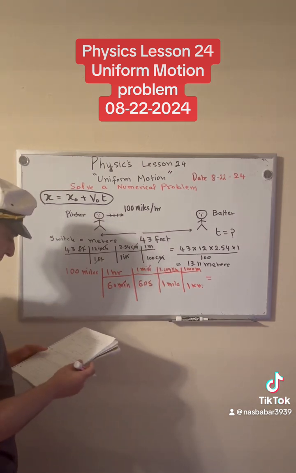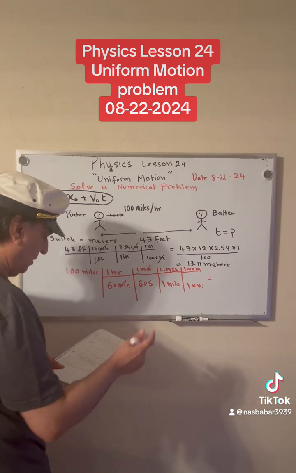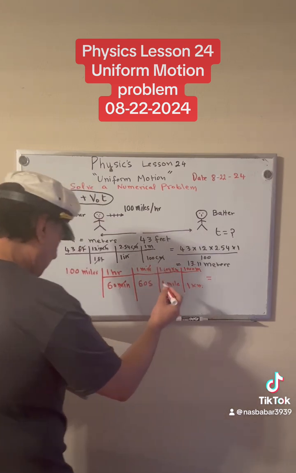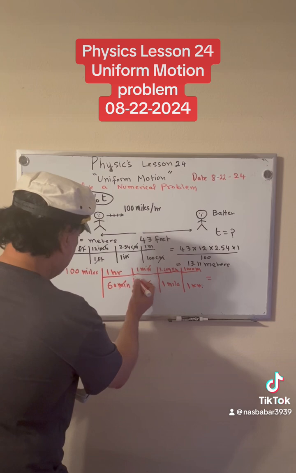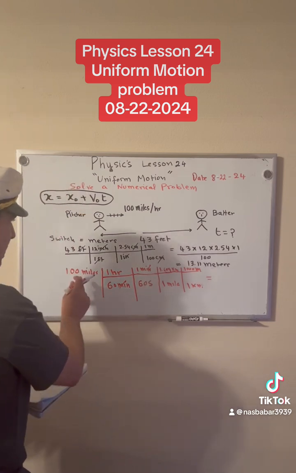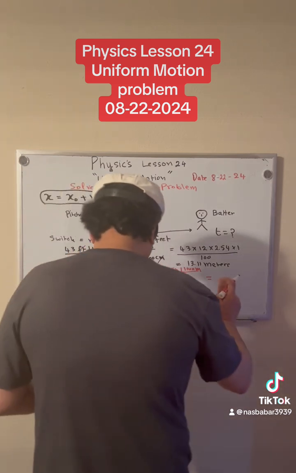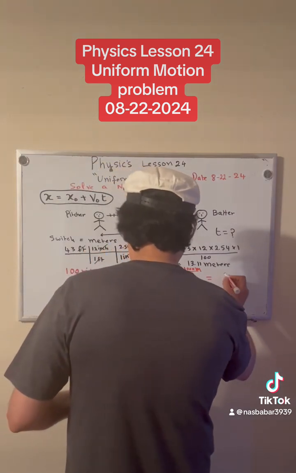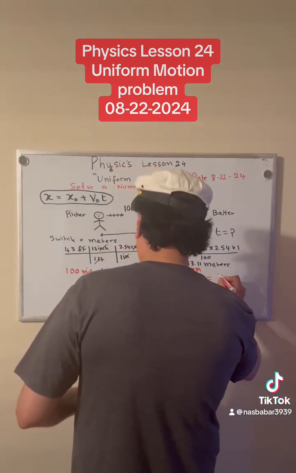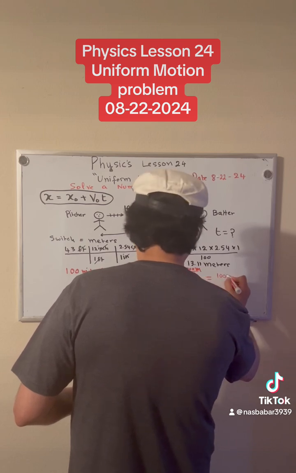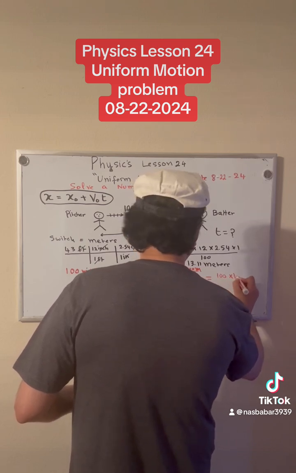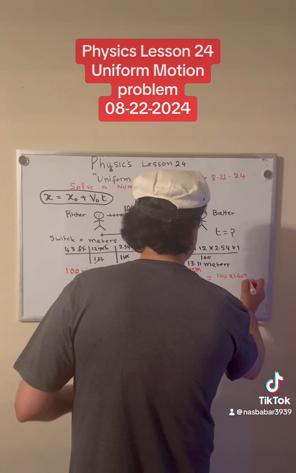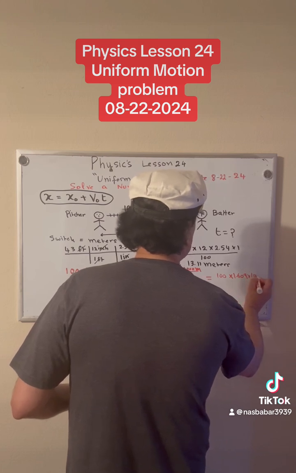All right. And then you have, let's see, minute cancel. And then you have basically, you multiply 100 times 1.609 times 1,000.